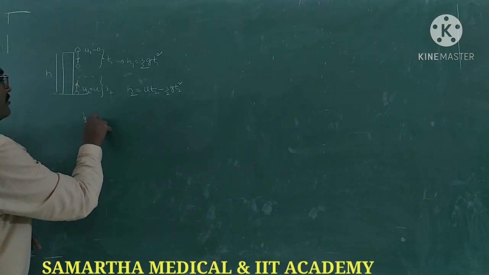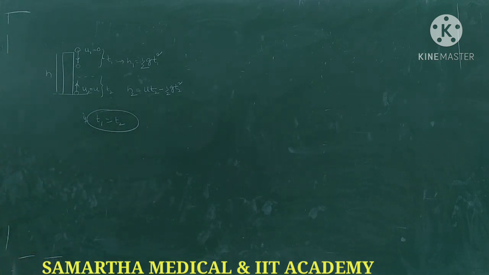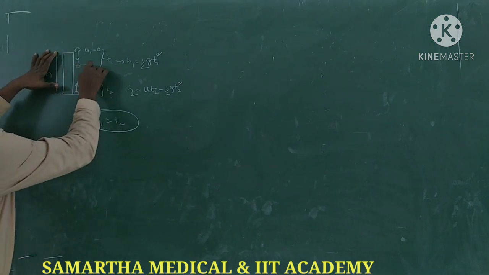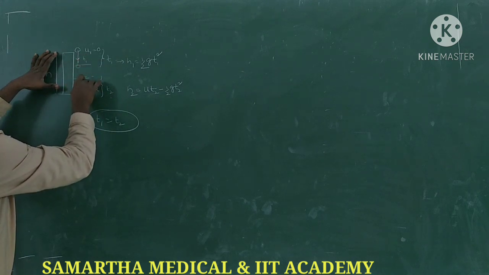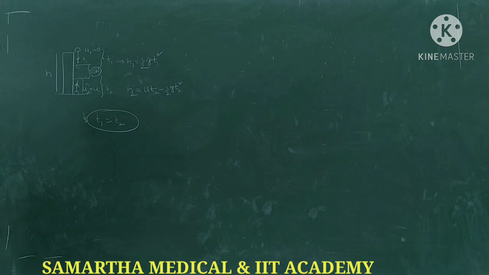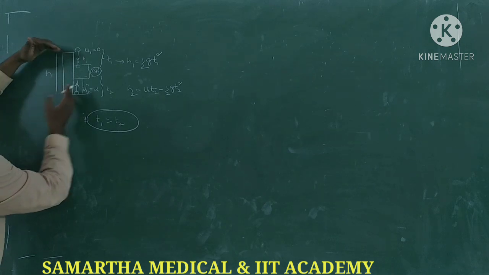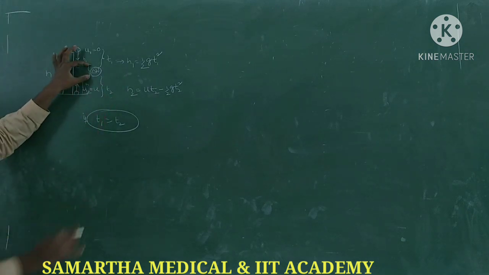If t1 equal to t2, what is the separation after a time t seconds between the bodies? Total distance is h. This is covered up to h1, this is covered up to h2. What is this separation? Delta h I need. How can I calculate this? From the full distance, I need to subtract h1 and h2.